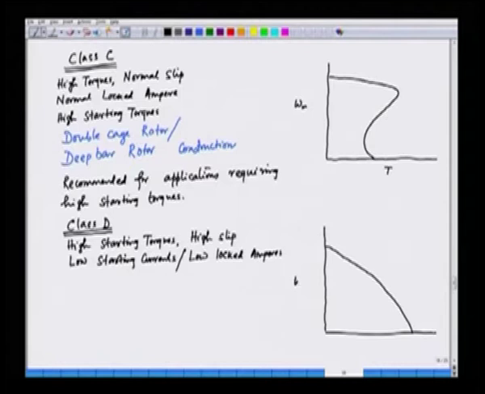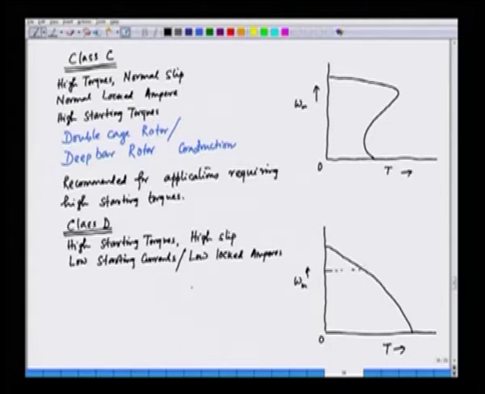This is omega m here, and we have the torque. Here we have high starting torque, but we have high slip as well. The full load slip is quite large. This is the full load slip.